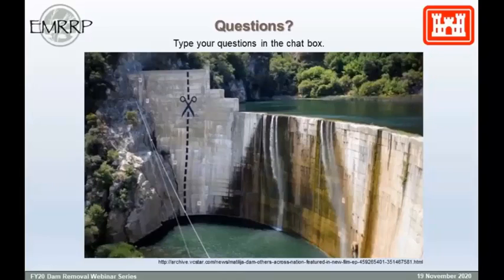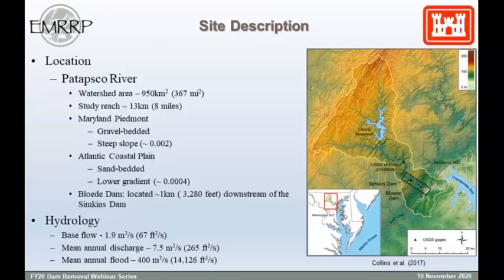How many did you say? Excuse me, I'm sorry, how many miles did you say? It's about 8 miles long. 8, okay. I forget exactly how many miles upstream of the Chesapeake Bay. I can go back to my site description slide, and this dark black rectangle is where the study reach is.